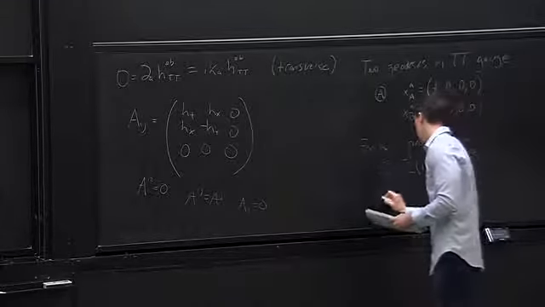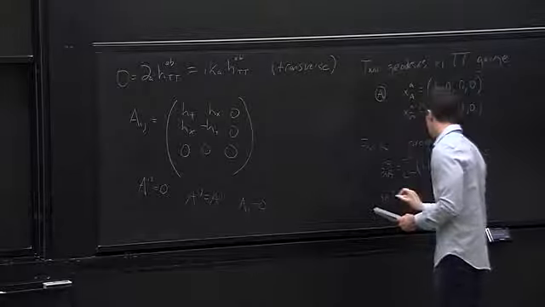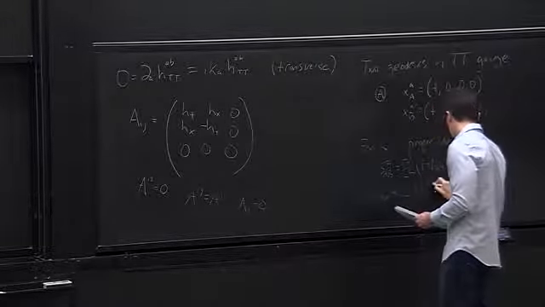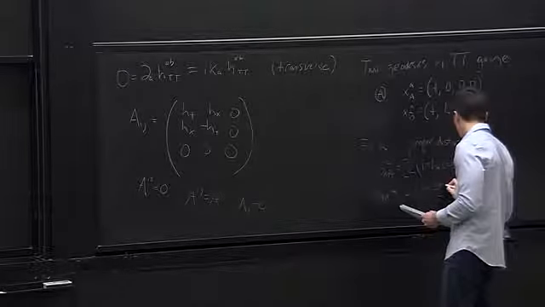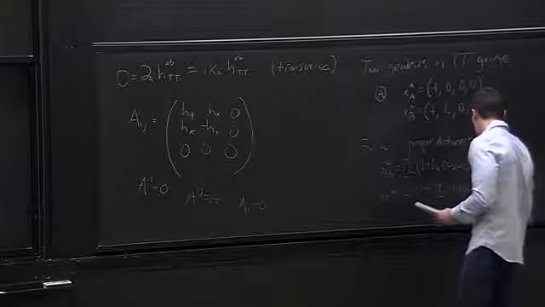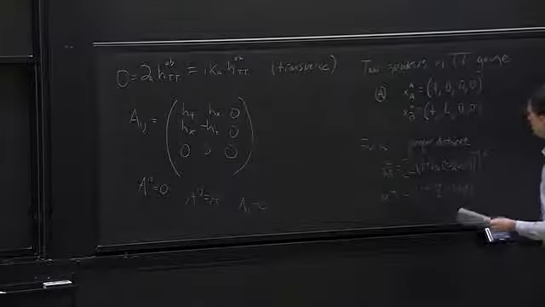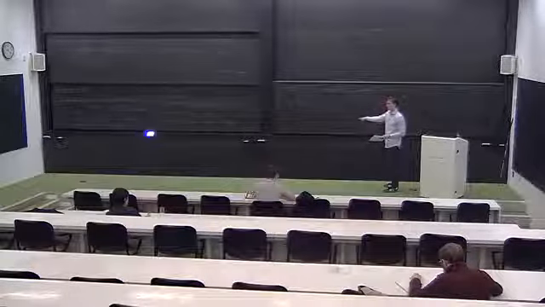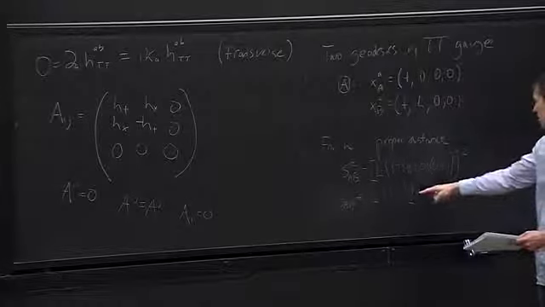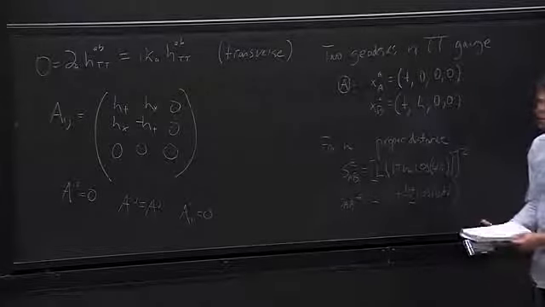Or, using the fact that h plus is small, just take the square root. So this means that as this gravitational wave propagates through, the distance between these 2 points that are displaced in the x direction oscillates like this cosine.